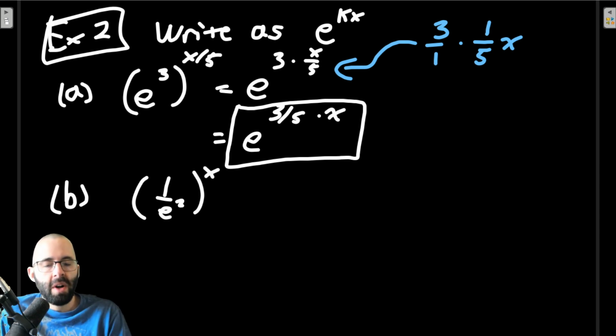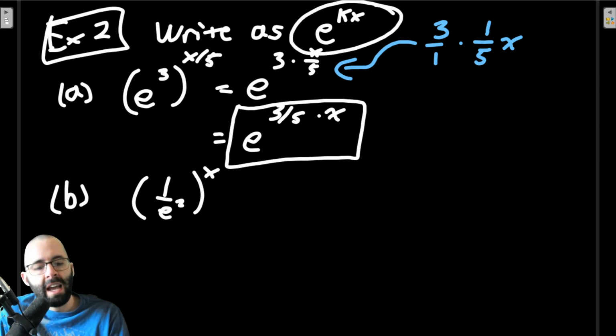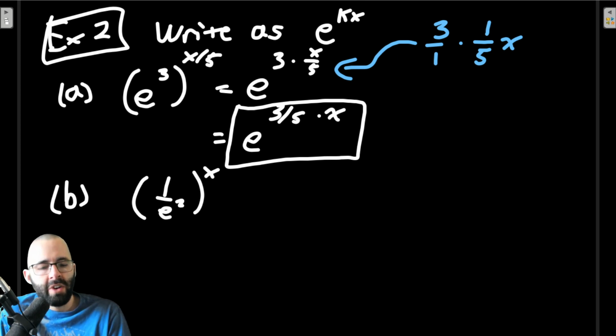So, upon first glance, this is the same as part A. Oh yeah, just put the x inside. Let's rewrite the inside first though, because I notice it's wanting you to write it as e to the kx, not 1 over anything, right? There shouldn't be any 1 over anything at all.